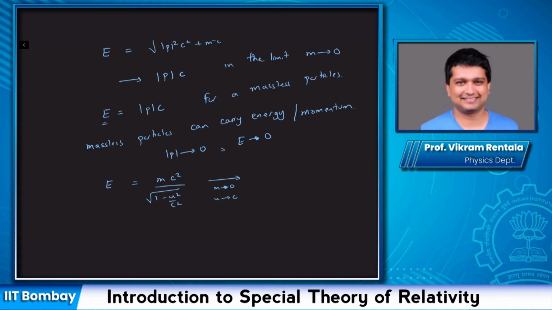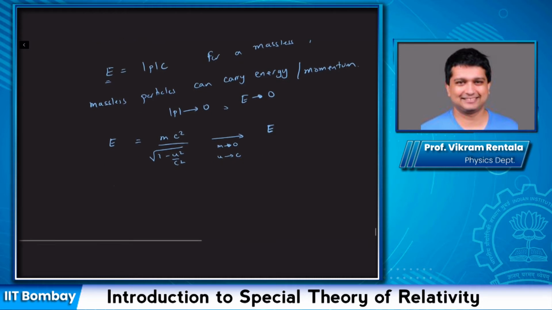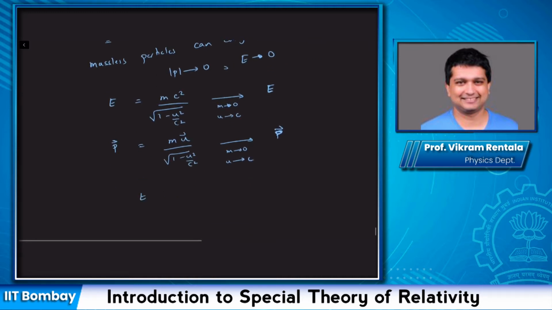And we're saying in that limit, whatever this limit is, there is some energy associated with that. And for momentum, again, we're going to a limit where the mass goes to 0 and the speed goes to c. And whatever this limit, there's some momentum associated with it. And the energy of the particle is just related to that momentum times c.